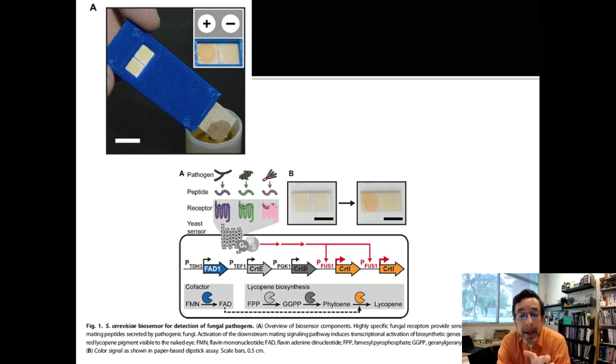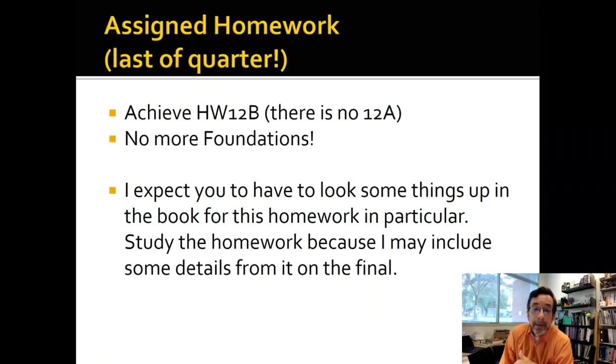The rest of the pathway they could keep the same, and they're just trading out the receptor. And this makes something that when it detects the fungus, it will turn colors. And so you have a very sensitive and specific kind of detection technique that will work in the field pretty much anywhere. So I just think that's really cool biotechnology.